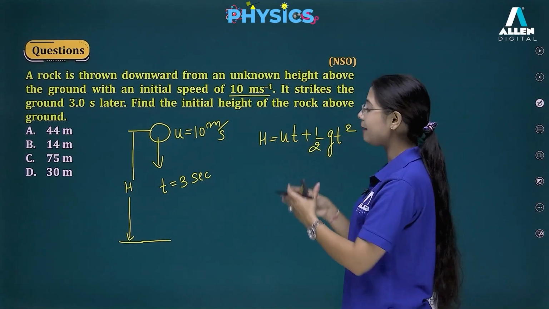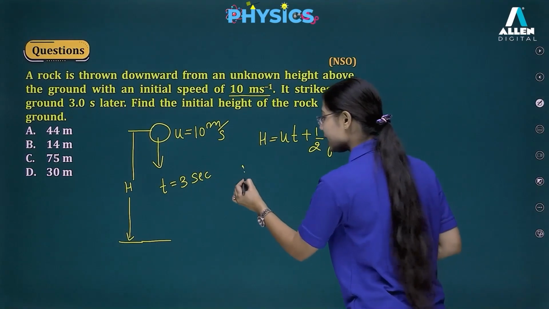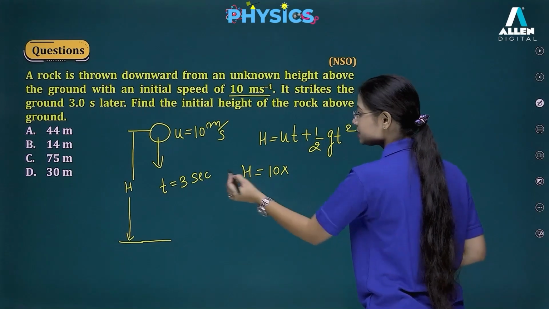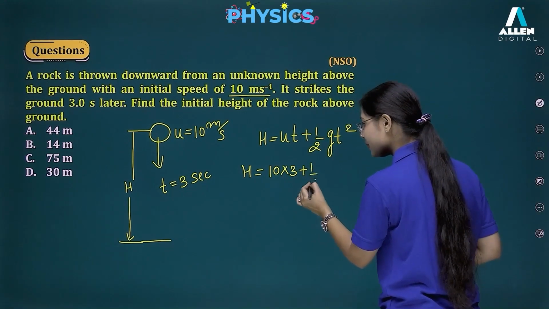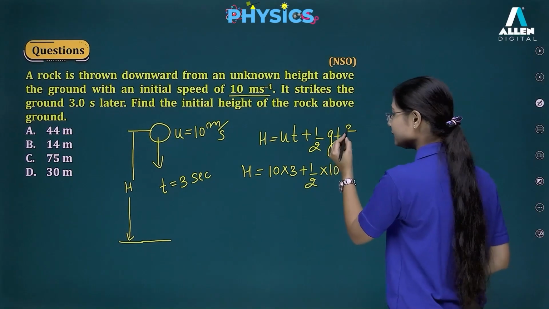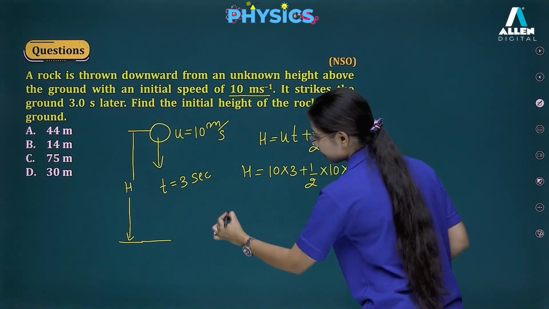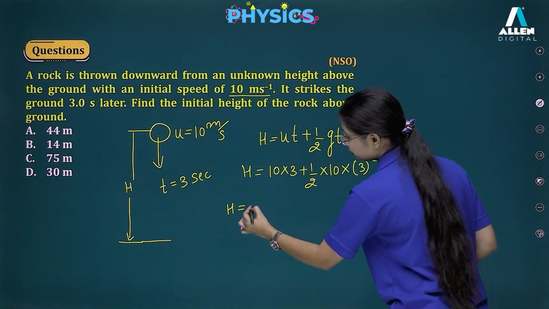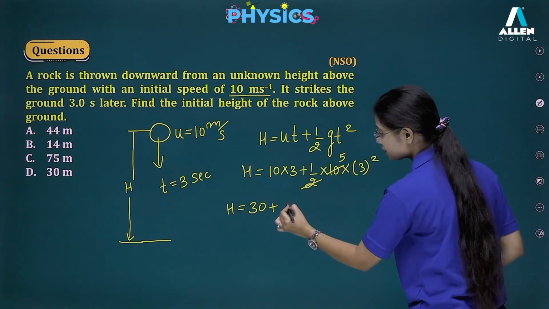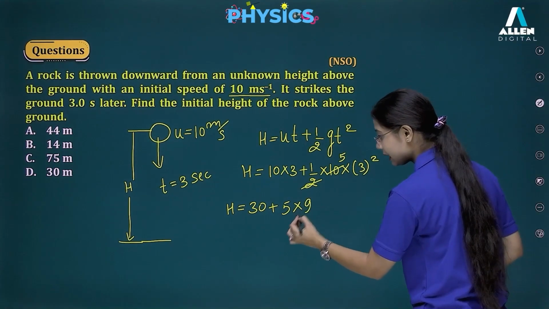Why we are taking capital H, students? Because we have to find the total height. So h will be u is 10, time is 3 plus 1 by 2 g, you can take 10 here and time is 3 square. So h will be 10 into 3, it's 30 plus 2 to 10 will cut, 5 times square of 3, it will be 9.